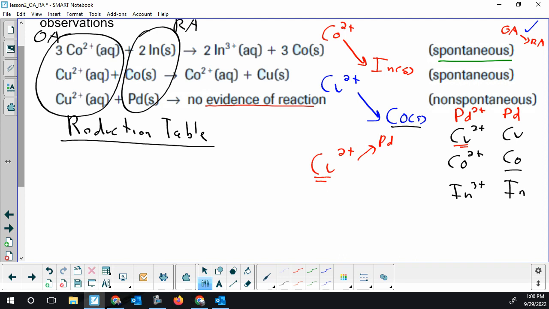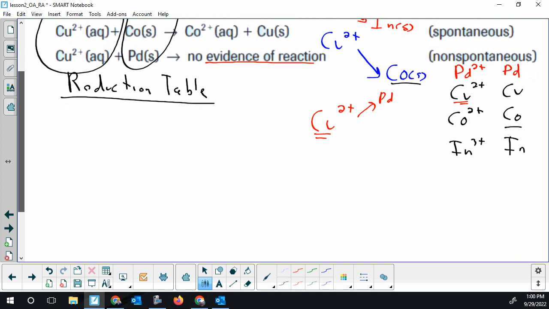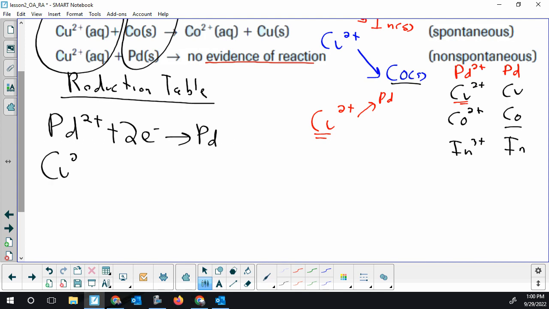So I looked at each reaction. I figured out what was above and below. I got my sequence, so now we can build our table. Put in our electrons. Pd2+ plus some electrons is going to make the elemental. Plus 2 down to 0. Well, that's 2 electrons to get it down to 0. Next is copper 2+ to elemental copper. That would be 2 electrons again.